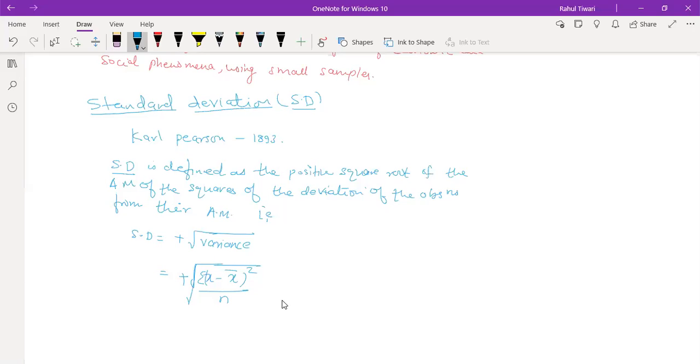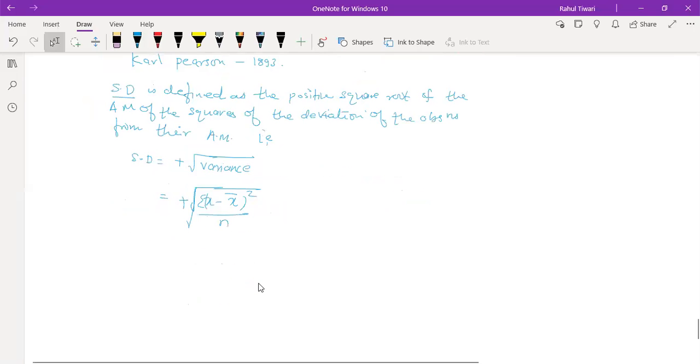So this is the definition. Again here, I will be putting this all in three cases. First case: SD for raw data. Remember, as we did for mean, median, mode, we have to write for this one also, SD for raw data. What could be the formula for the raw data?